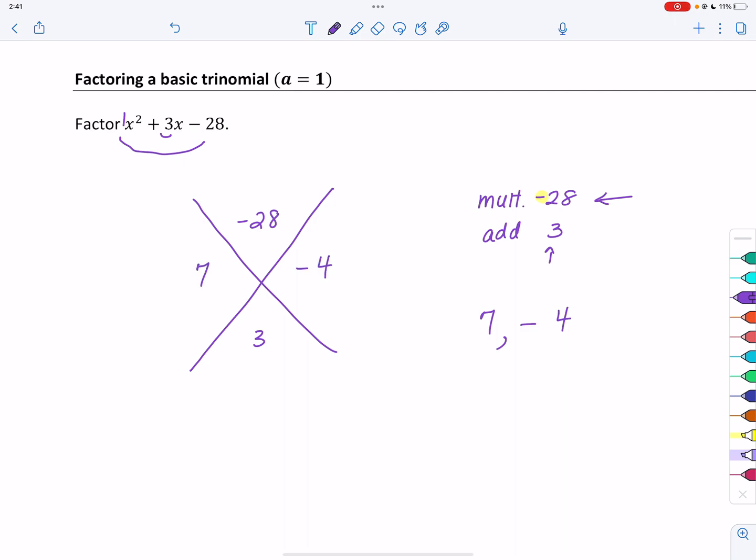And you can check it when you get over here. 7 times negative 4 is equal to negative 28. 7 minus 4 is equal to 3. So we know that we have that correct. So now we'll divide by 1x, or just x. And these are reduced. So we have x plus 7 multiplied by x minus 4.